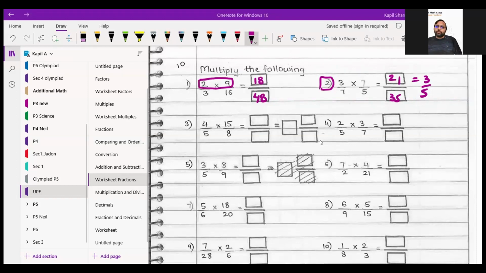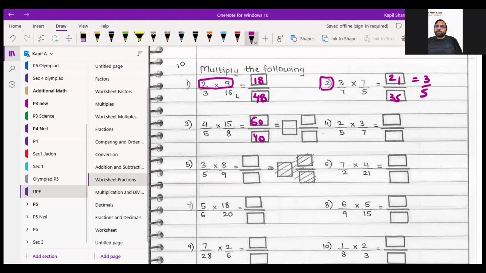Twelve upon 8. Fine. You can do that. So 60 upon 40 or 12 upon 8. Or you can also say that it's basically 3 upon 2.